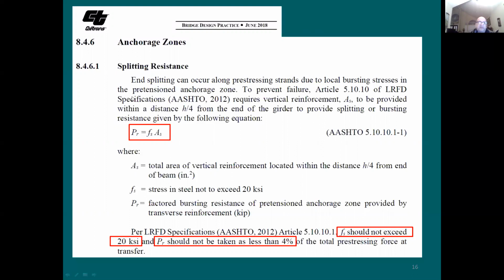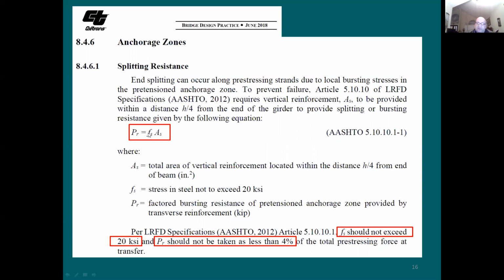It says here, based on AASHTO, P sub R is going to be the required, the factored bursting resistance of the pre-tension anchorage zone by transverse reinforcement, which means this is going to be the demand that you apply here to the end block zone, and it is going to be equal to F sub S times the total cross-section area provided. F sub S, as it says here, should not exceed 20 ksi.